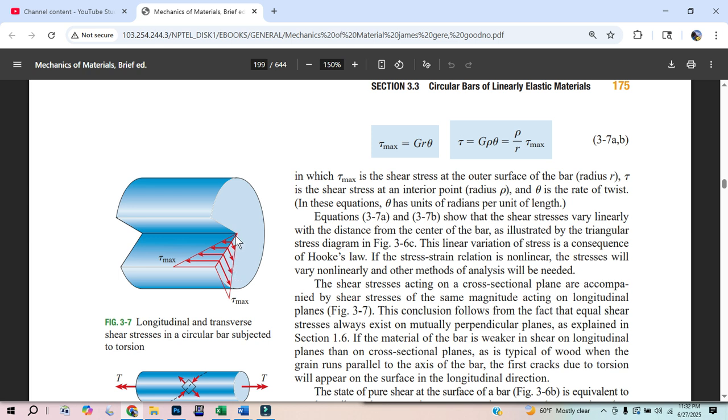So if I throw in a radius of r divided by 2, I should get tau max divided by 2. If I throw in a radius of r, I should get tau max. And what's this value of r? If r is just the radius, I can't use that as my variable. So that's where we introduce the term rho.